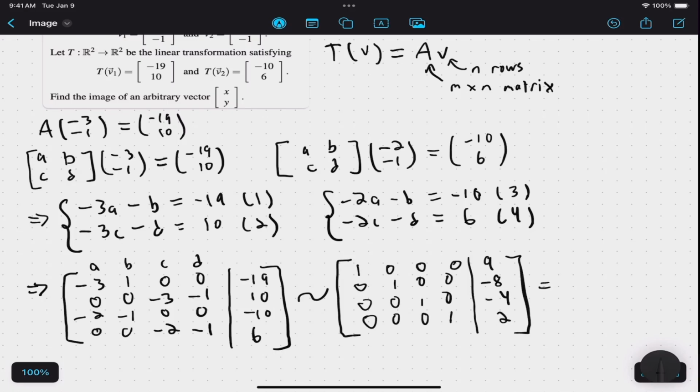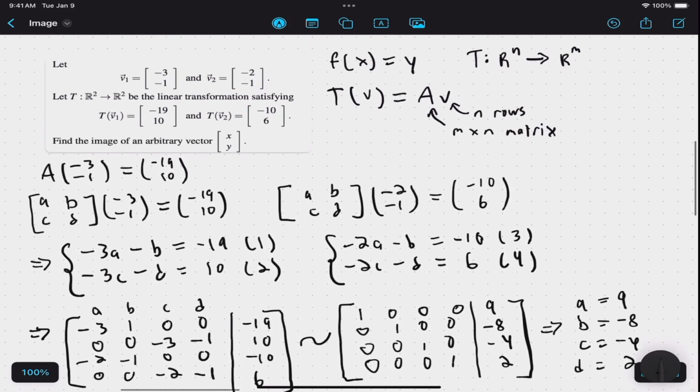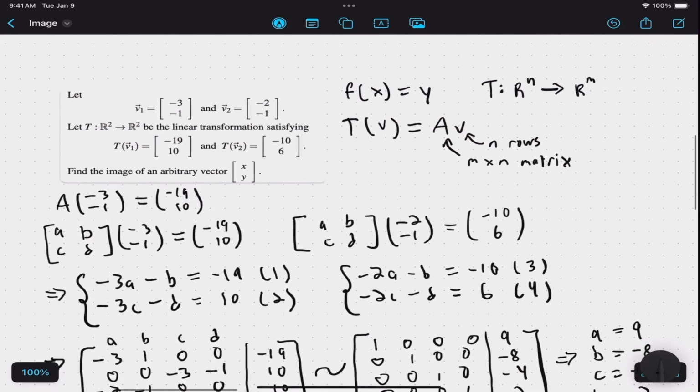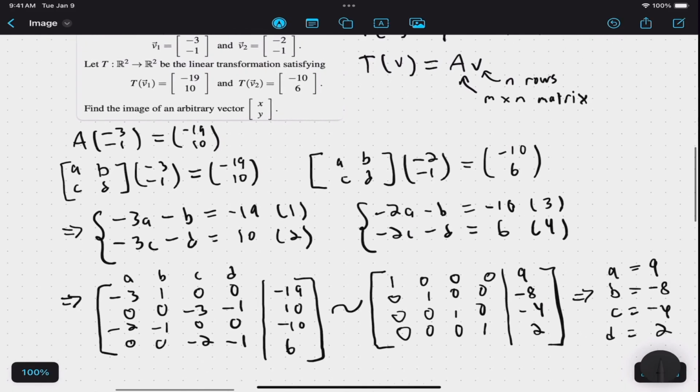So this tells us that A is equal to 9, B is equal to -8, C is equal to -4, and D is equal to 2. So now that we know the values of the matrix A, if we put an arbitrary vector into T, we can write it as the matrix A times this arbitrary vector.